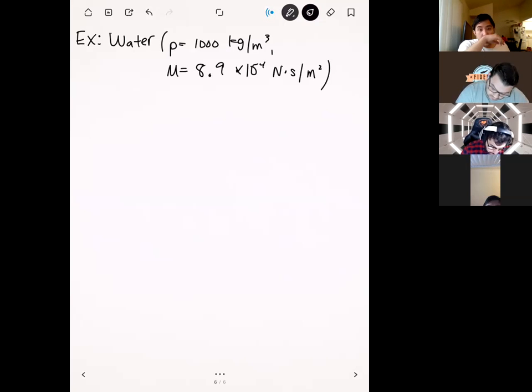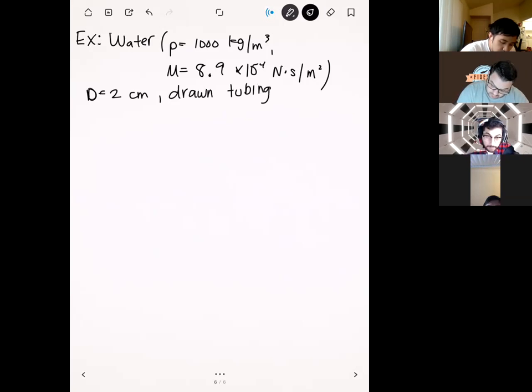Let's say that the diameter for our pipe is 2 centimeters. The type of pipe that we have is copper, which is a type of drawn tubing. I'm also going to give you the flow rate, and the flow rate is going to be 750 centimeters cubed per second.